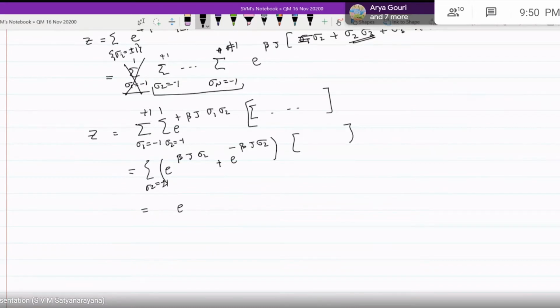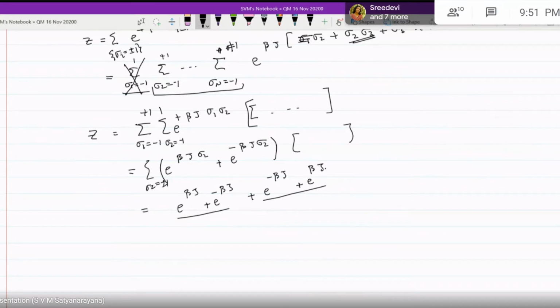The first term will be e to the power beta J plus e to the power minus beta J, and the second term is also e to the power minus beta J plus e to the power beta J. So like this you will have terms of this type.